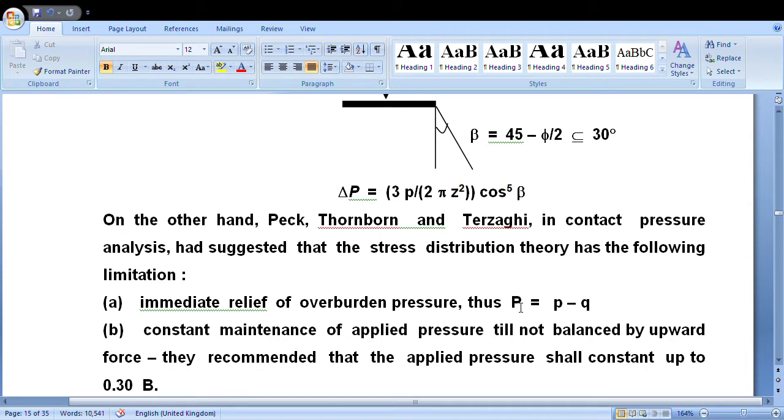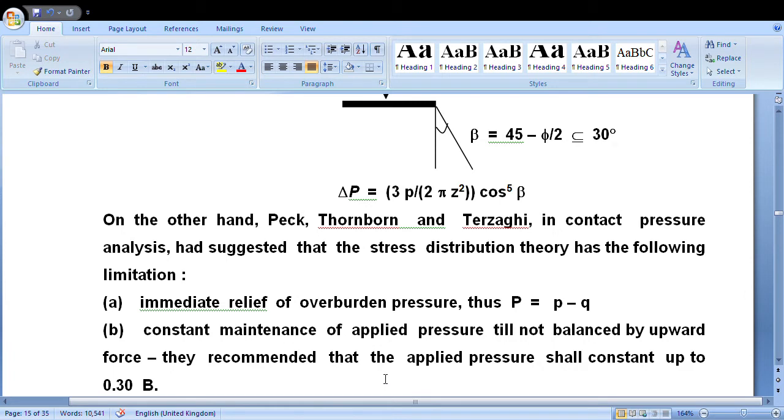So P equals P minus Q, that is, applied pressure minus existing overburden pressure. The applied pressure is maintained constant till it is balanced by upward force. They recommended that the applied pressure shall be constant up to 3B.